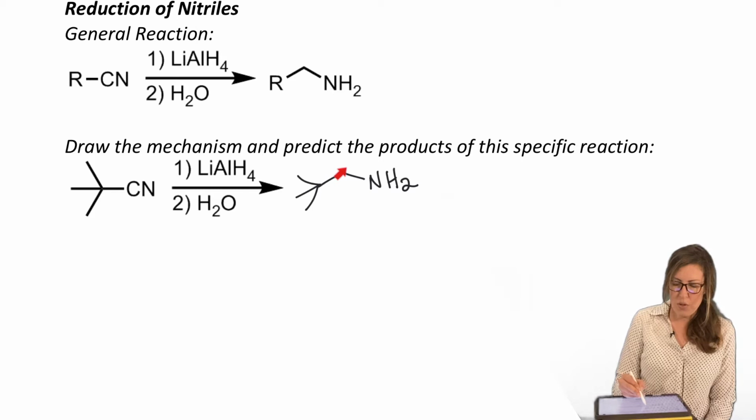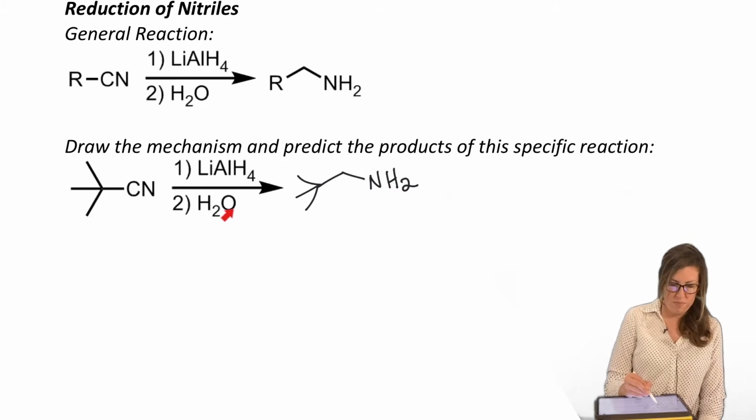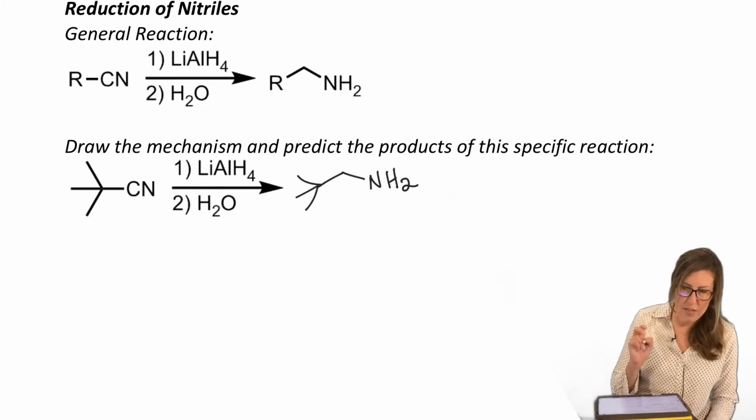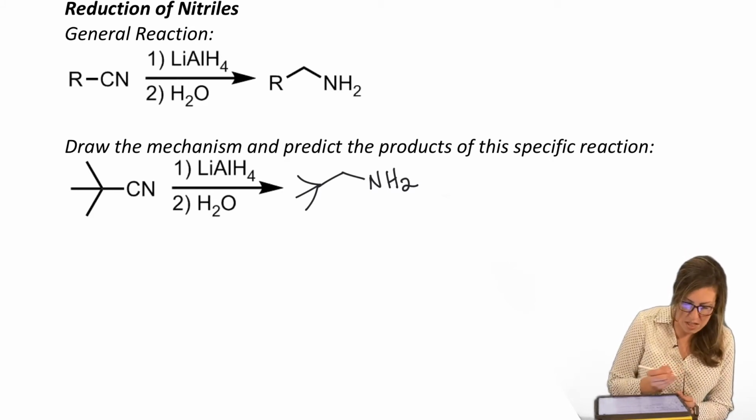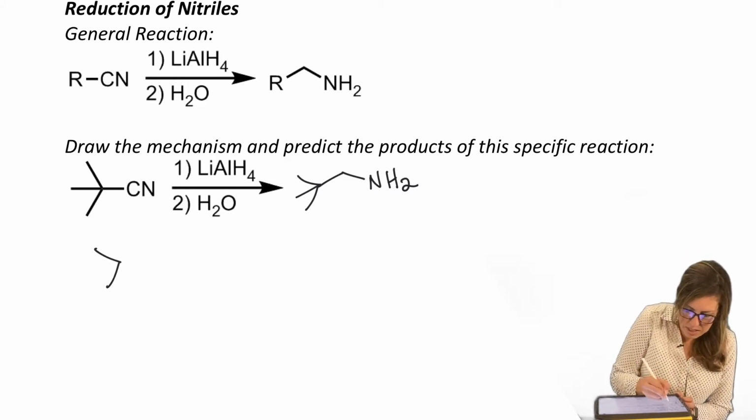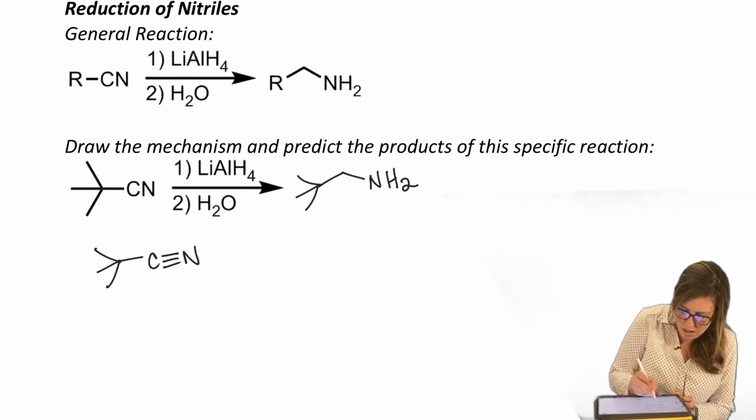I got two H's here from the LAH, and the NH2 got H's from the water. So I'm going to do kind of a mini mechanism because we've done LAH reduction before and it can be longer, but we want something that we can predict if we had to do this a little more quickly on the spot. So that's why I'm going to put this in quotes.